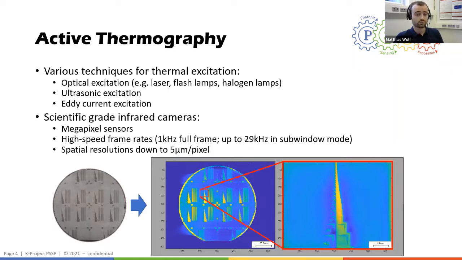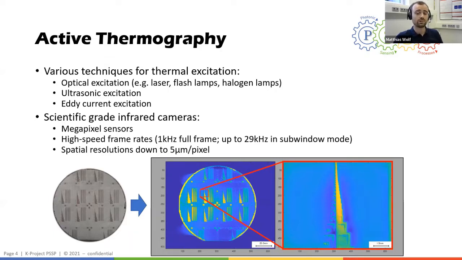Thanks to huge development in recent years in high performance equipment for thermal sensing, nowadays, especially scientific grade infrared cameras are available that are able to record in megapixel resolution, and state-of-the-art quantum detector-based cameras also allow really high-speed frame rates.